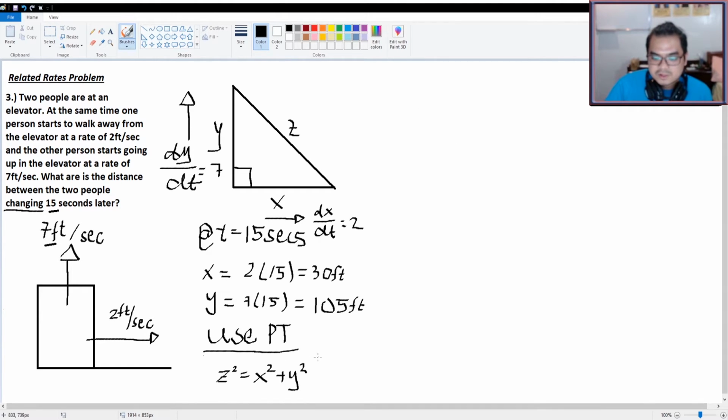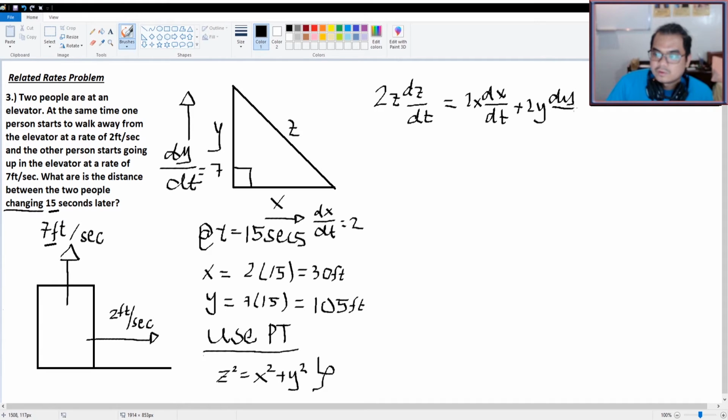Differentiating this, performing the first derivative, you'll have 2z dz over dt equal to 2x dx over dt plus 2y dy over dt.